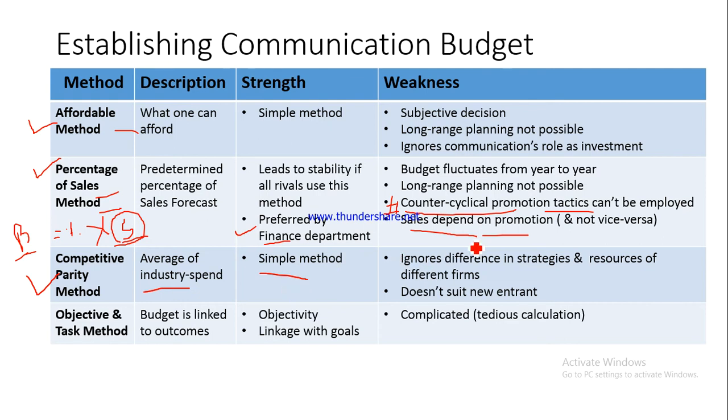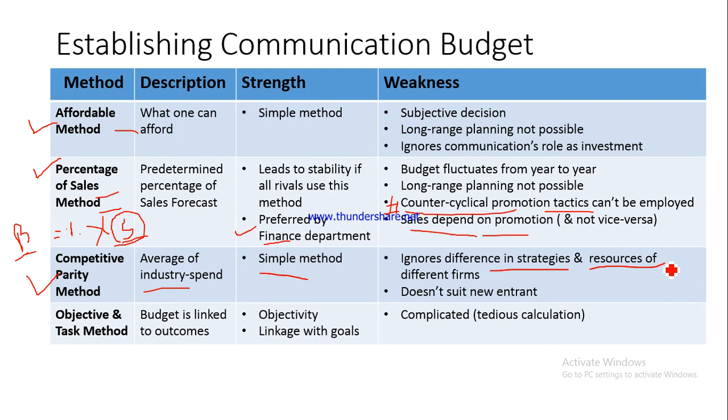What are the weaknesses? See, different marketers can have different strategies, and naturally different markets have different amounts of resources available to them. For example, 2 different companies may have 2 different strategies. One company banks on advertisements and various other communication tools, while the other company banks on sales promotion.